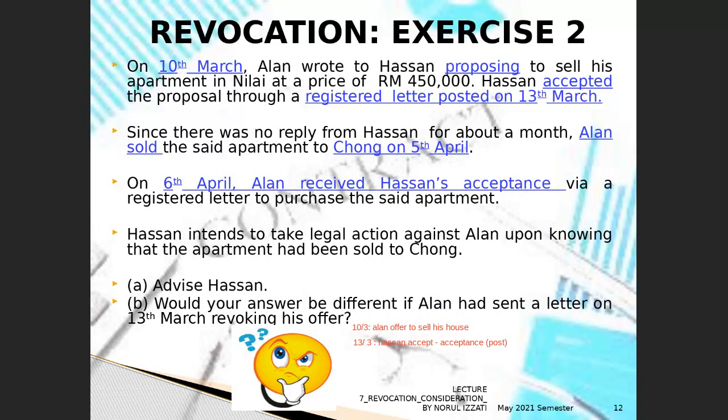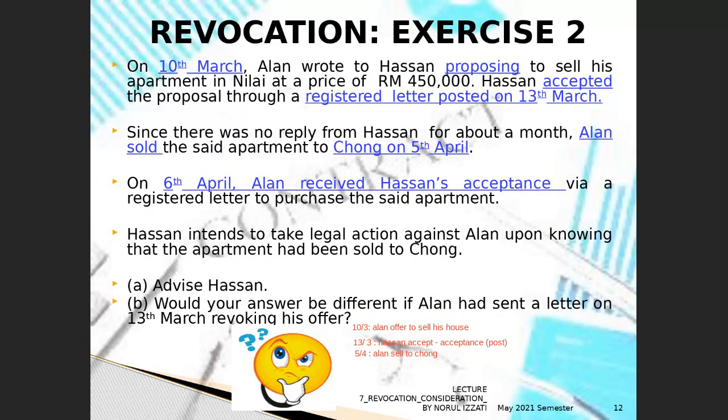So 5th of April only, after 1 month, Alan sold to Chong. And then after that, you can write down 6th of April, Alan received the letter of acceptance. That means only after Alan sold the house to Chong, then he received the letter of acceptance.